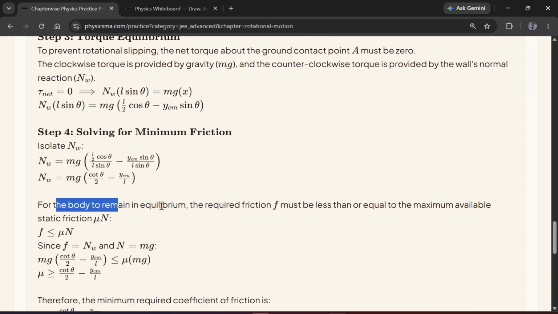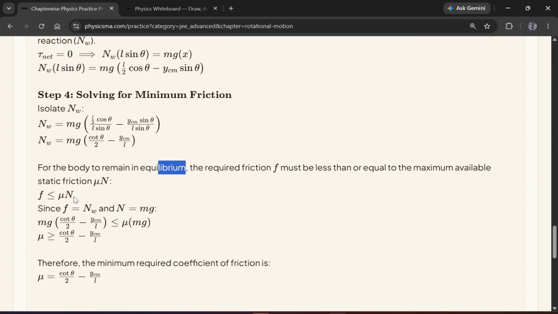So now for the body to remain in equilibrium, we can also say that force of friction must be less than or equal to the maximum static friction, which is mu N. And from the translational equilibrium, we have F is equal to NW, as we have seen, and N is equal to mg. So putting these values, friction is NW, which we have already calculated, right?